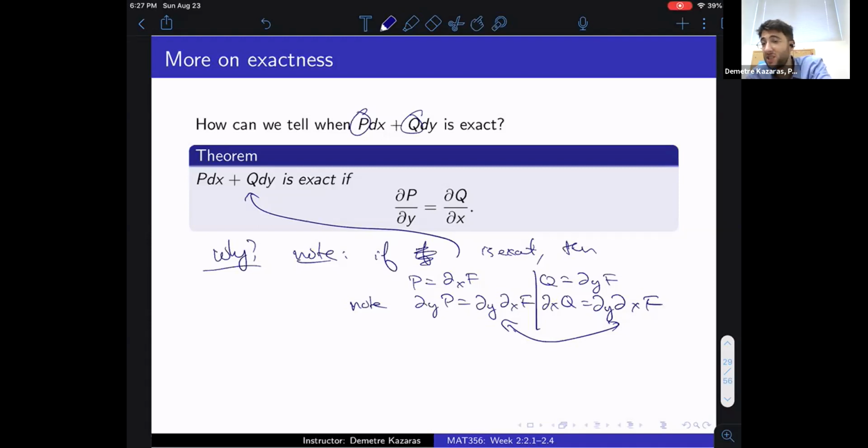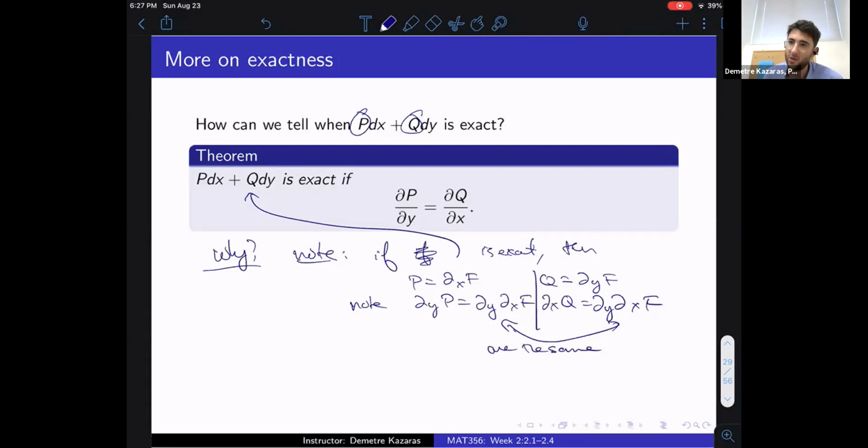If you first take the x derivative, then the y derivative, that's the same as doing it vice versa. Reversing the order of differentiation does not affect the outcome for most functions. So these are the same.